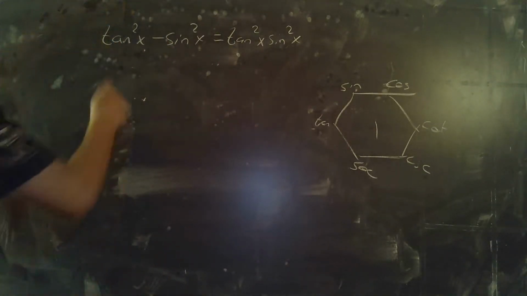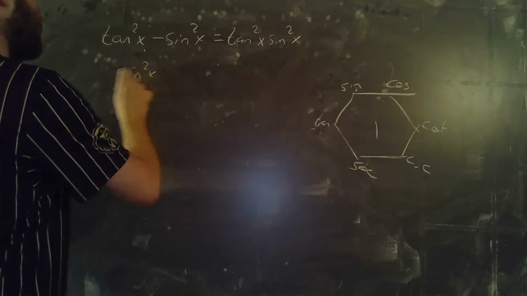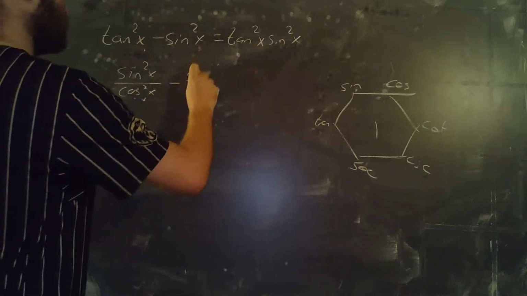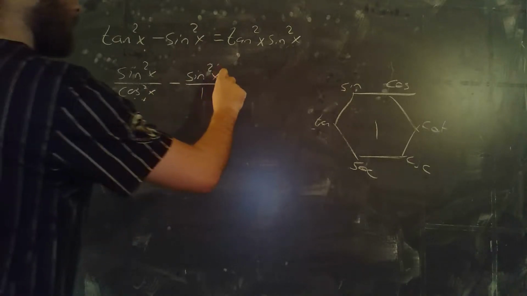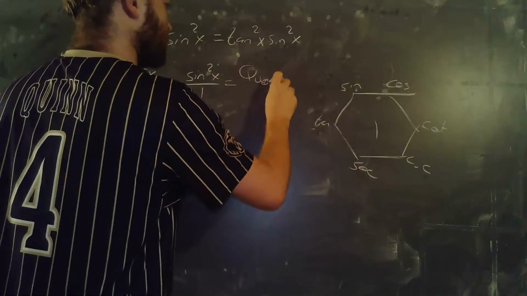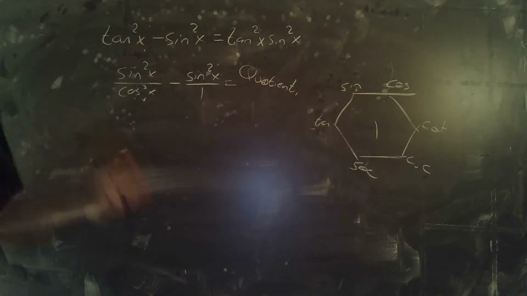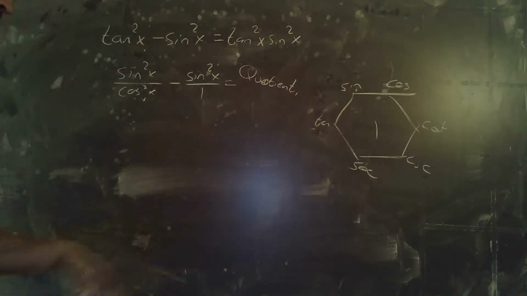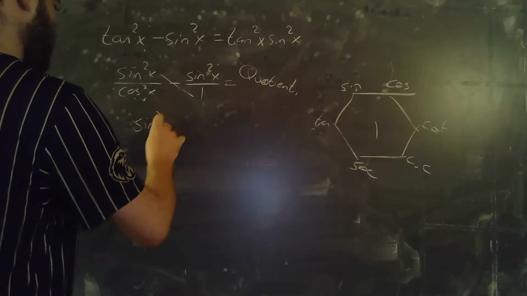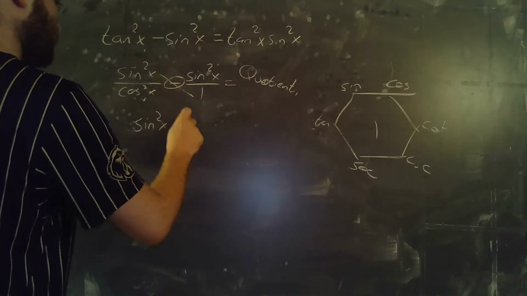Okay. So tangent becomes sine squared over cosine squared. Sine squared is already in the right form. This was the quotient identity part. Next step is an algebra step. It says do common denominator. So if this times this, steal a symbol out of the middle.